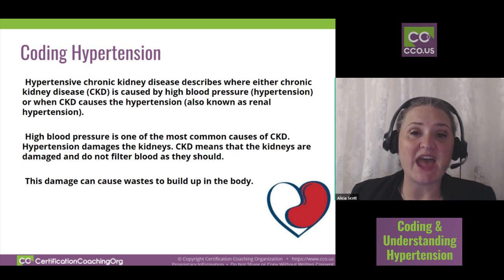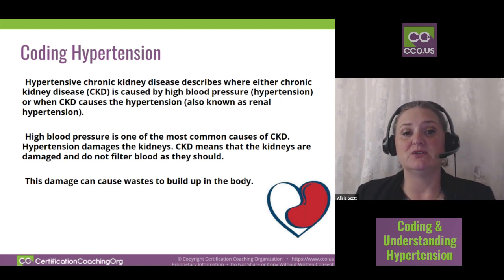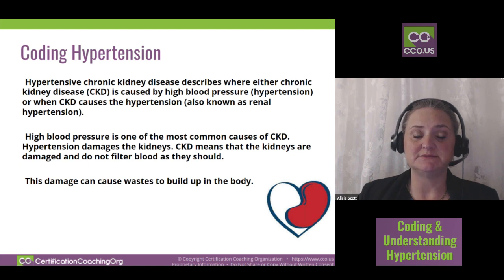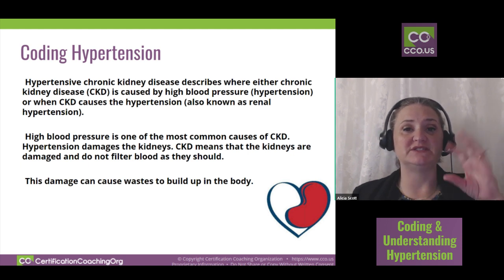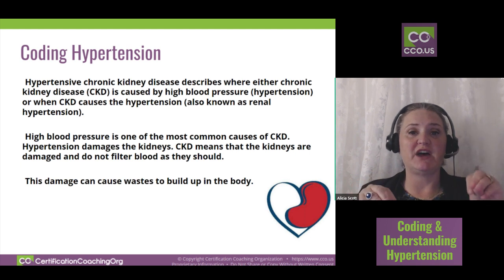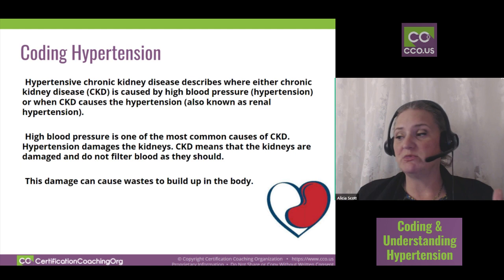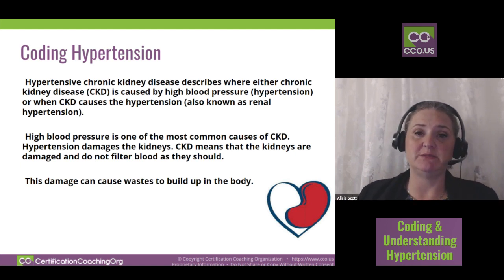So you might see that verbiage. One or the other. Very, very common. Almost always you're going to find a CKD patient having hypertension. I don't think I've ever coded anybody that had CKD, even a really low stage like stage 1, that didn't have hypertension in addition.